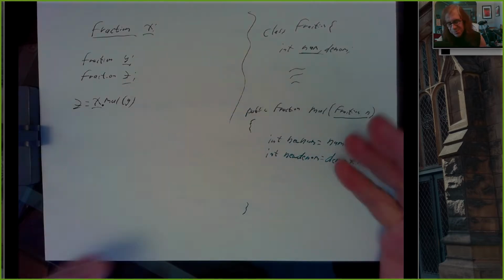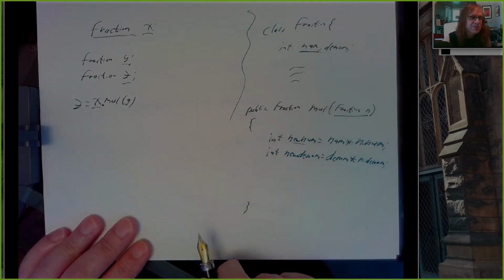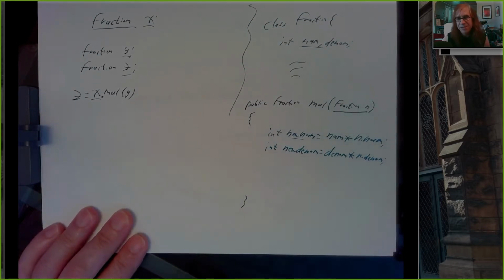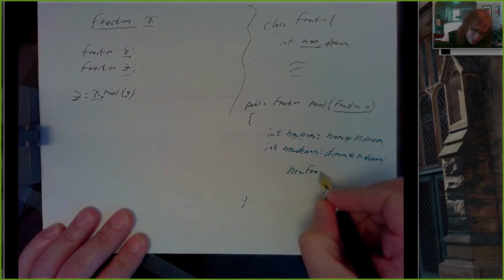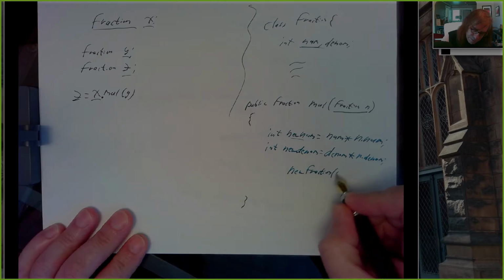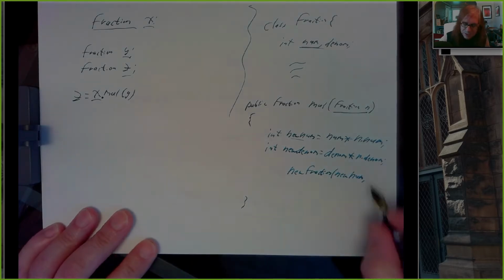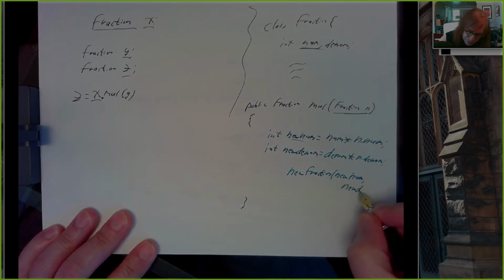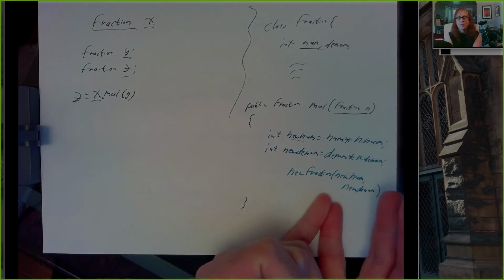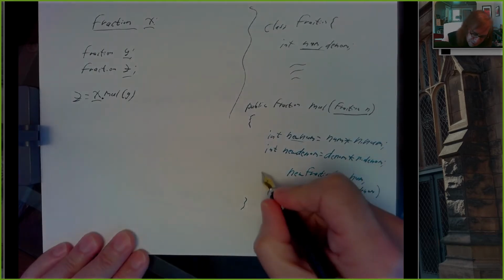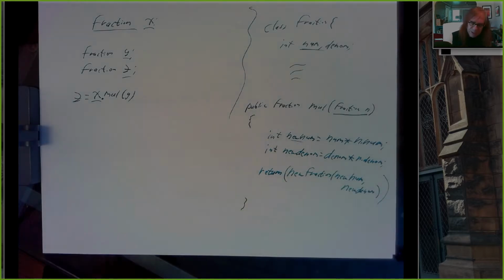And so the result of this multiplication should be a new fraction whose numerator is this and whose denominator is that. And how do you make a fraction with those pieces? Call your constructor. So call a constructor with new num and new denom. Now this is the fraction that you want to return from the multiply function, and you can save that somewhere or you can just return it directly.